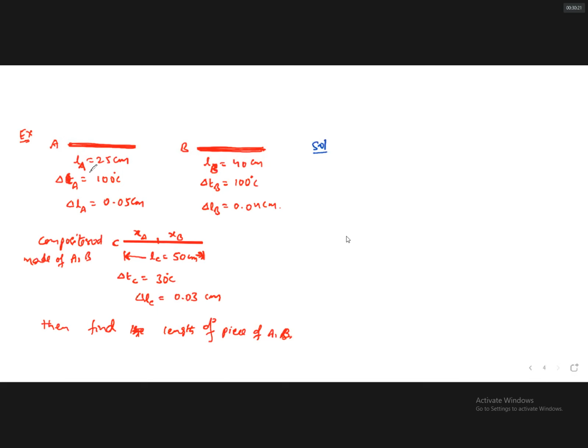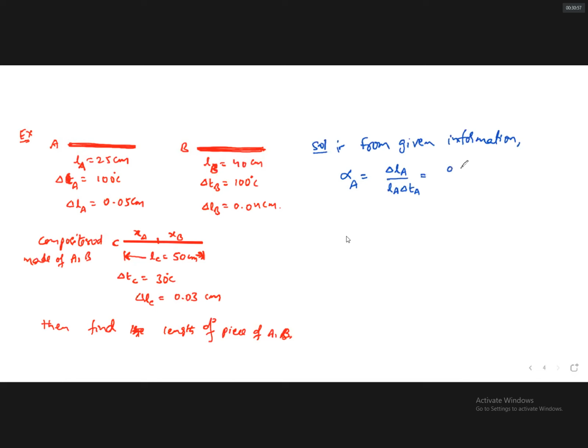First of all, from the given information we can find alpha A and alpha B. Now, the coefficient of linear expansion of metal A is equal to delta LA by LA into delta TA.